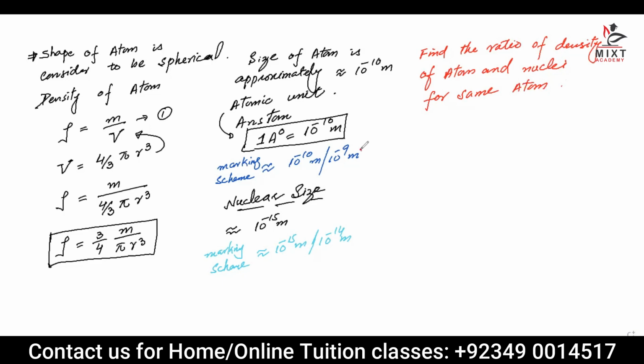Either you can use the pair of 10 raised to power minus 9 and 10 raised to power minus 14, or you use the other pair. But don't use the cross pair, okay? Let me solve that question for you.